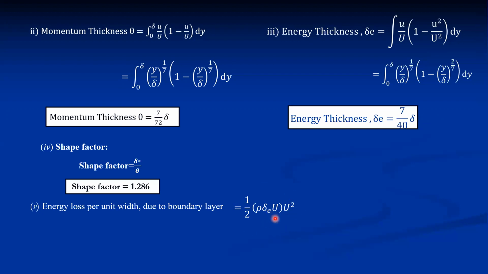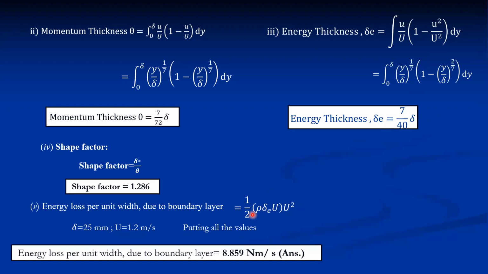So rho delta E into U. By putting the values of delta E in terms of delta, because delta we know, that is 25, U we know, that is 15, rho is also known to us, 1.2, putting all the values, we can calculate the energy loss per unit width for delta E into 1 due to boundary layer formation.